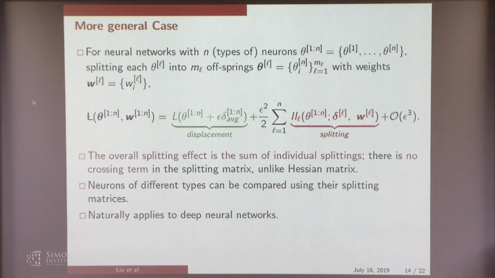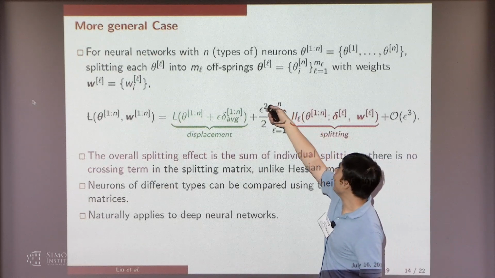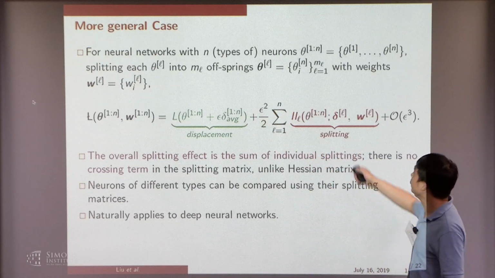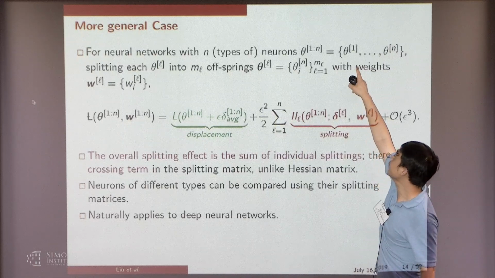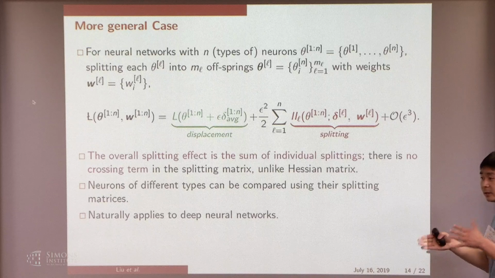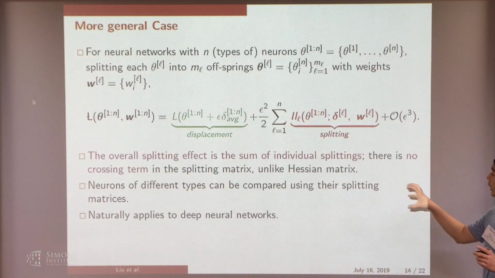Okay. So now this is the case for the general deeper neural network. It turns out exactly the same relation holds. Let's say you have n different types of neurons or n different layers. So this theta superscript n represents the nth neuron, or nth population of neurons, because each neuron can have multiple copies.